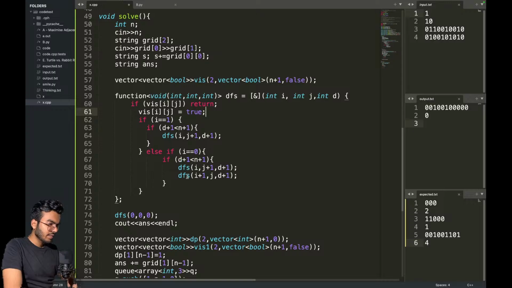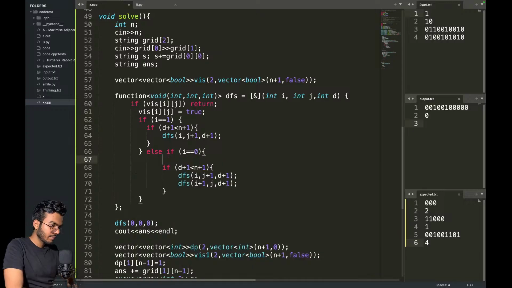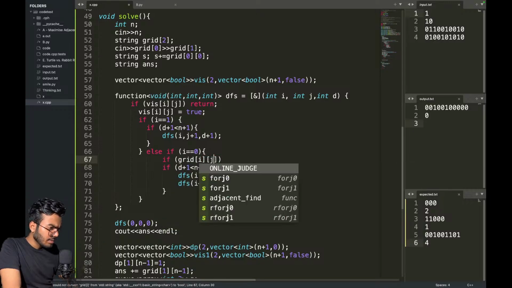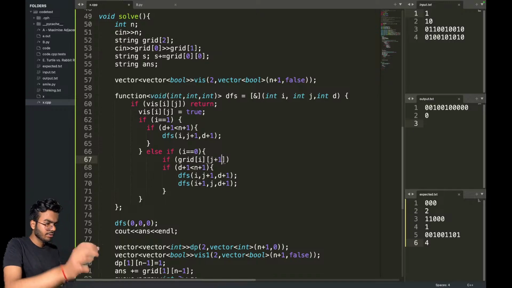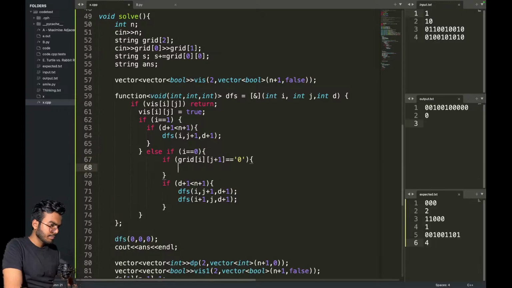So if i is 0, then if grid i, j plus 1, so I'm going in the rightward direction, equals 0, then I should go for it.